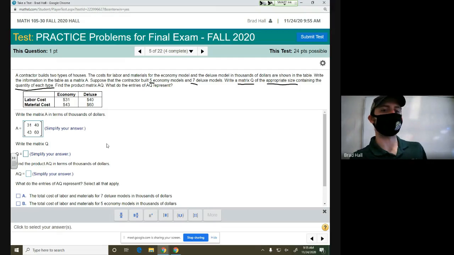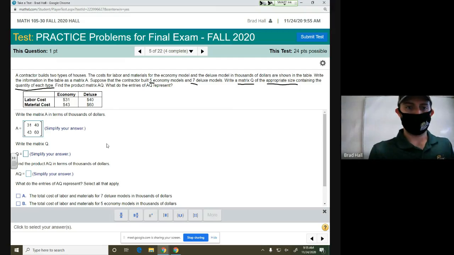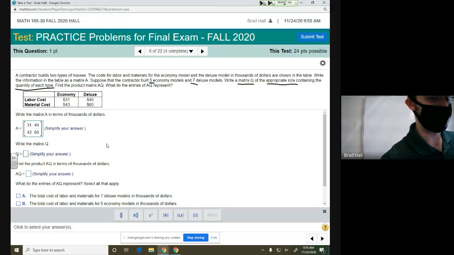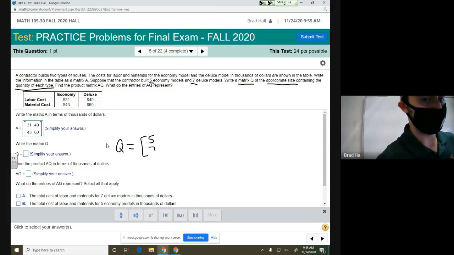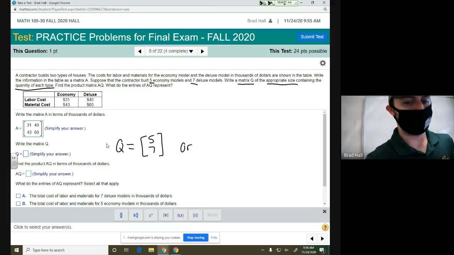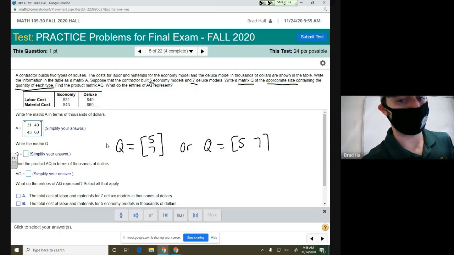That's the quantity of each type. 5 economy models, 7 deluxe models. So the matrix Q can either be a row with 5 and 7, because those are the only two numbers they give us, or it could be a column with 5 and 7.